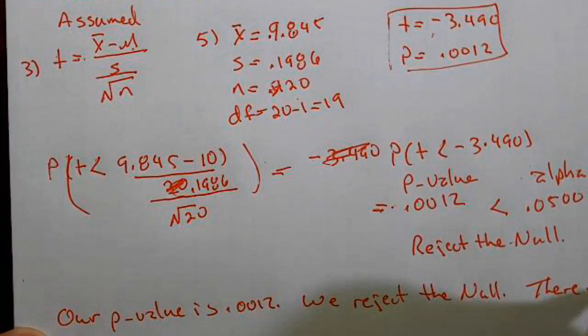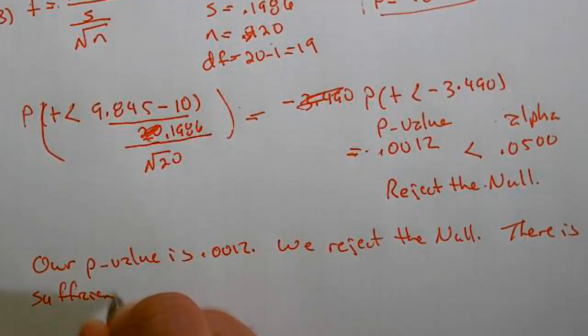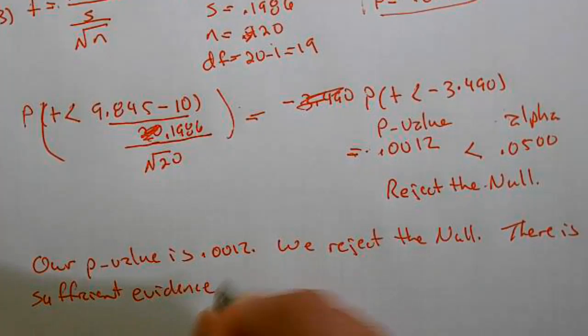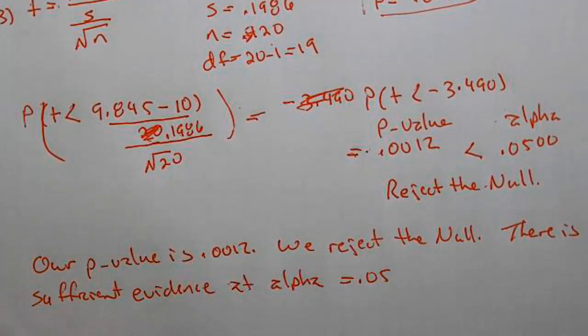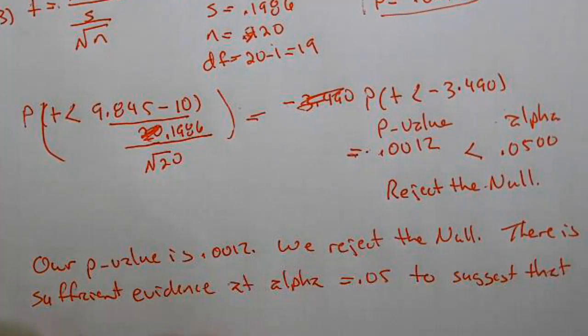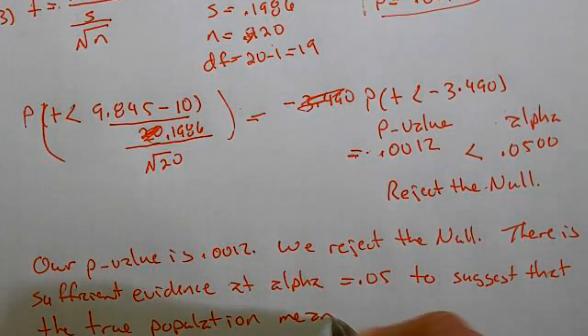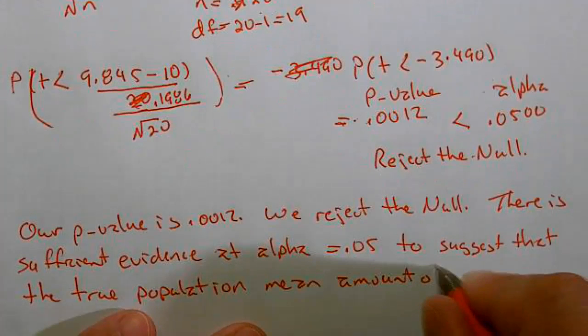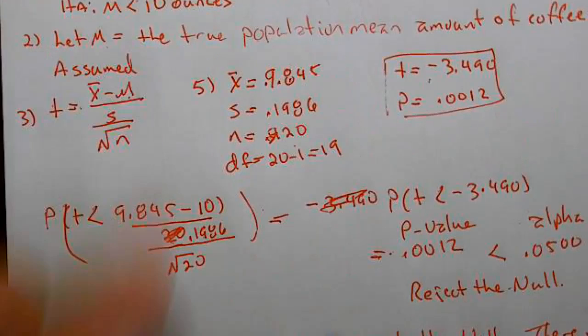There is sufficient evidence at alpha equal to 0.05 to suggest that the true population mean amount of coffee is less than 10 ounces.